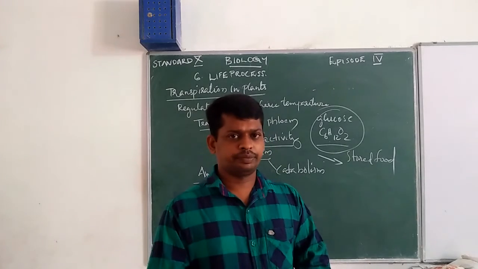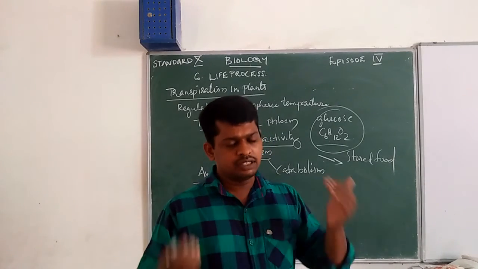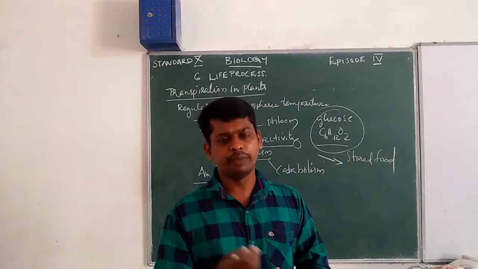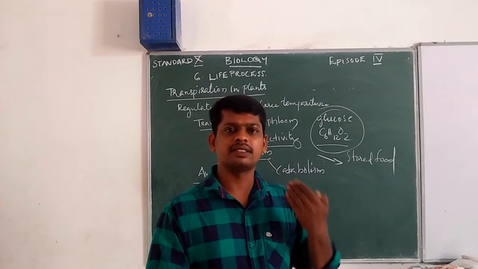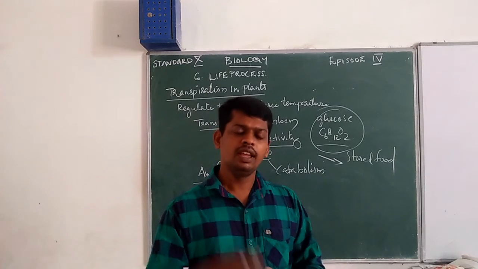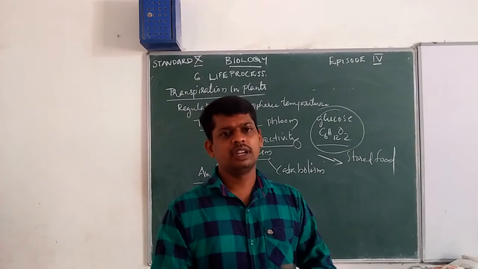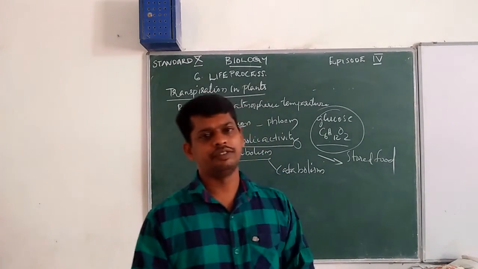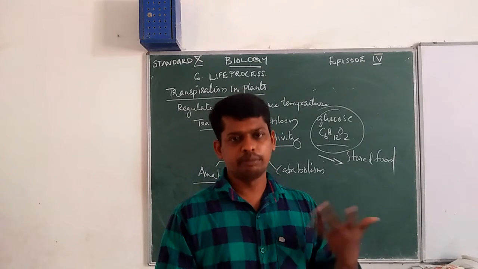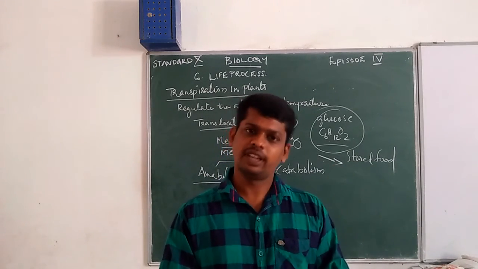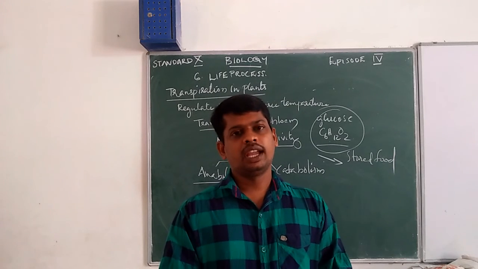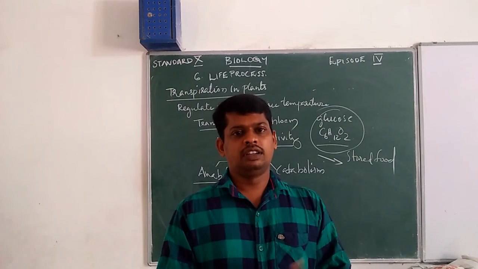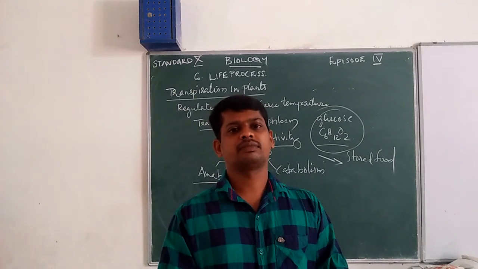In this chapter, we are studying the transportation of materials in living organisms like plants and animals. In animals, we take in food materials from others. We are consumers, consuming plants and plant-eating animals, and we carry out metabolic activities.